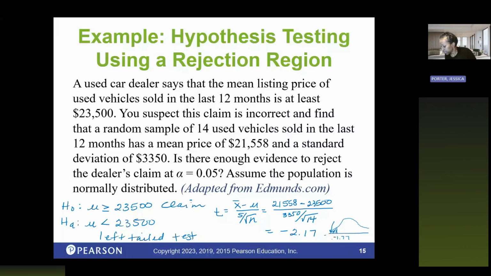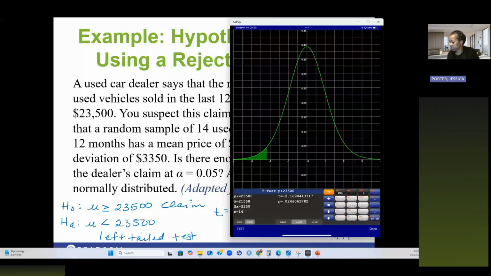And I've got the wrong test, don't I? This is supposed to be a left tail test. Oh, I didn't show you. Down here at the bottom, I can select two-tailed, left tail, right tail. I'm looking for the left tail test on my TI-84. And so notice the p-value is less than 0.05.